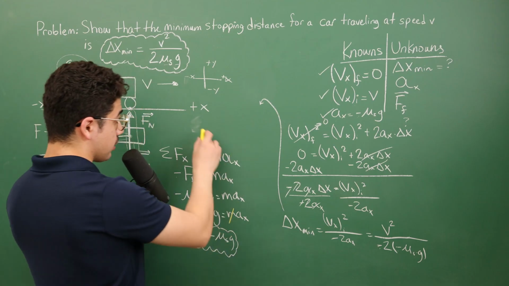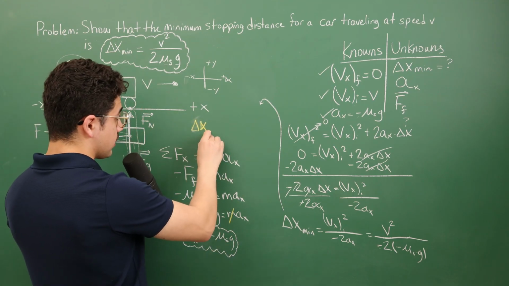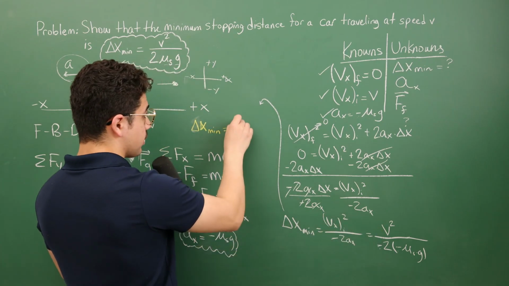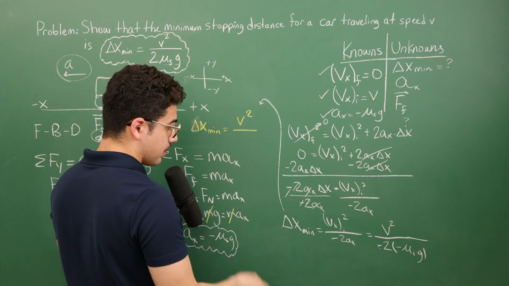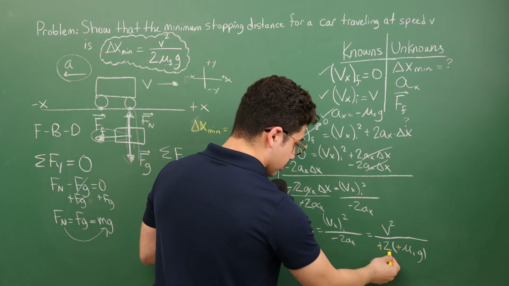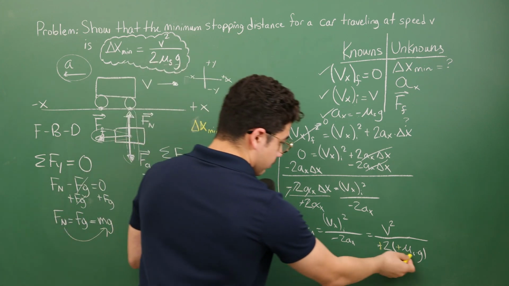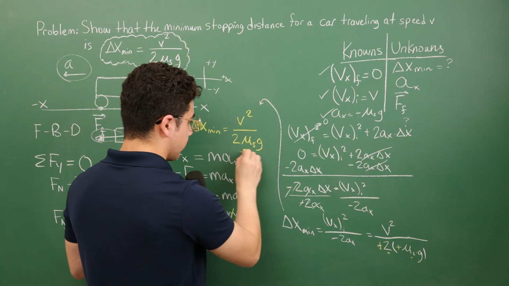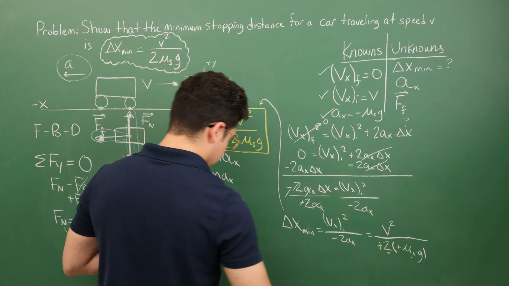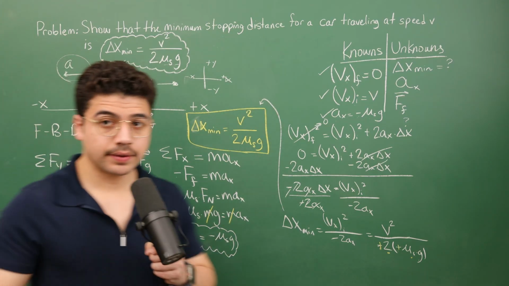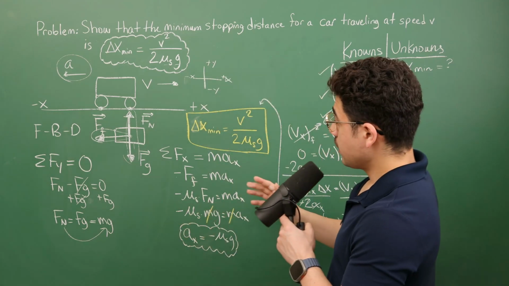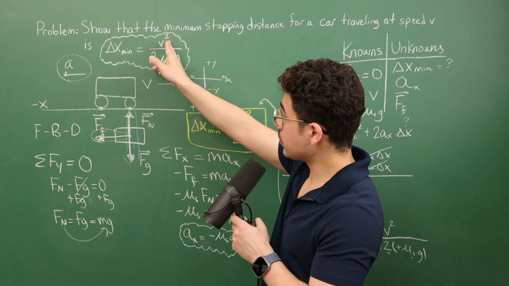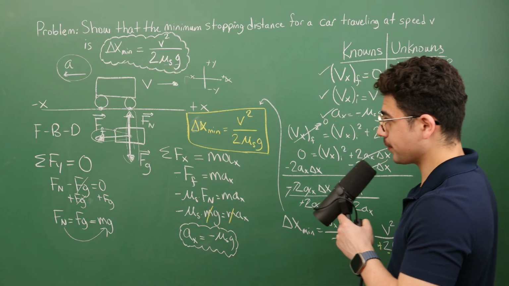I'll get a final expression of delta x min equals, on the top, v squared divided by 2 mu s g. So there I'm able to show that the minimum stopping distance is v squared over 2 mu s g.